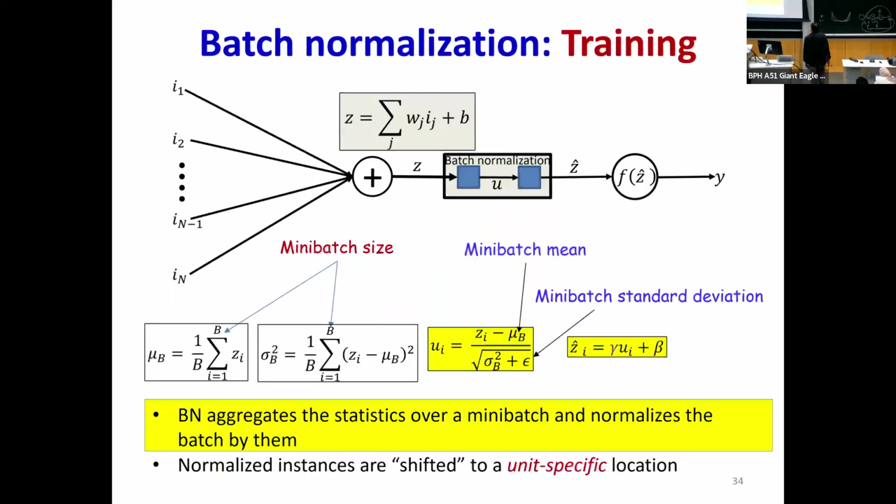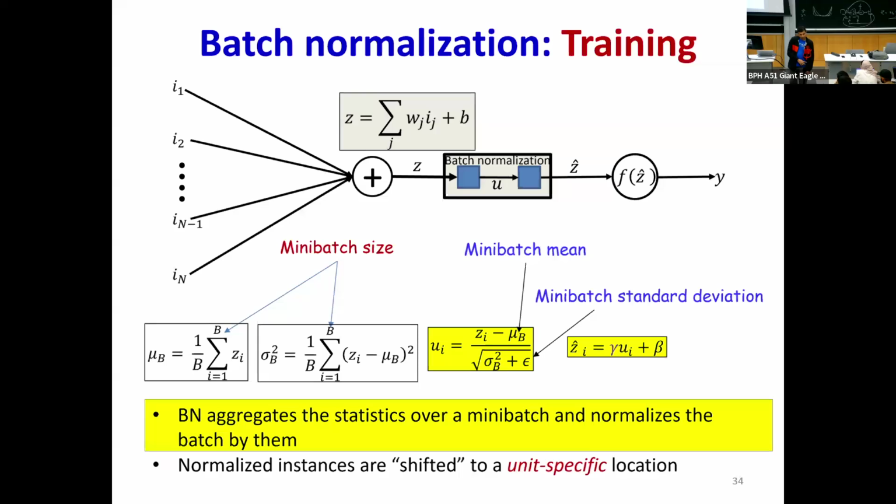The very first step is you compute the mean of the mini batch, the collection of instances. I'm not speaking of the components of the vectors. I have a collection of vectors, so I compute the mean of the collection of vectors. I'm also going to compute the component-wise standard deviation of the collection of vectors. It's better to think of this component by component.